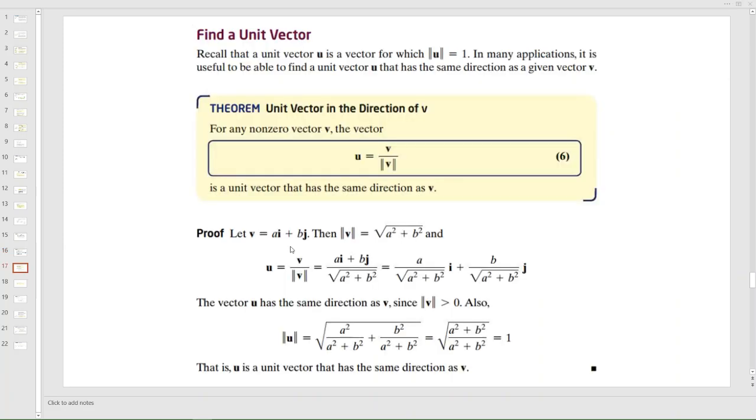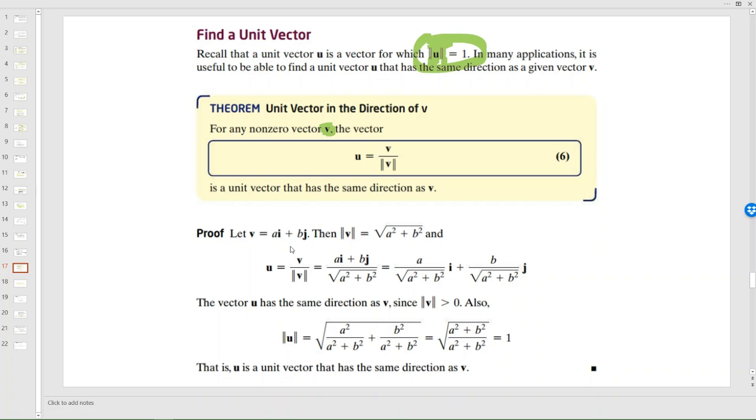Okay, we've got this little theorem that we're going to tap into. Remember how we said that the unit vector is going to have the same magnitude, but it could go off in any direction. The unit vector always has a magnitude of 1, so if we ask for the magnitude of the unit vector, it's going to come back 1. But we don't know anything about the direction. But if we have some vector v, and we wanted to create a unit vector in its direction, this is how we do it.